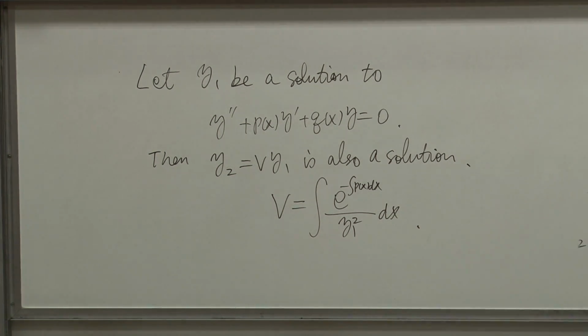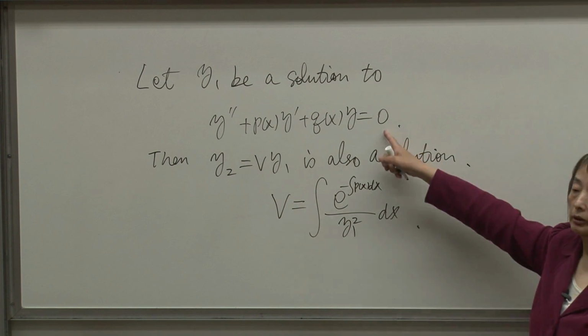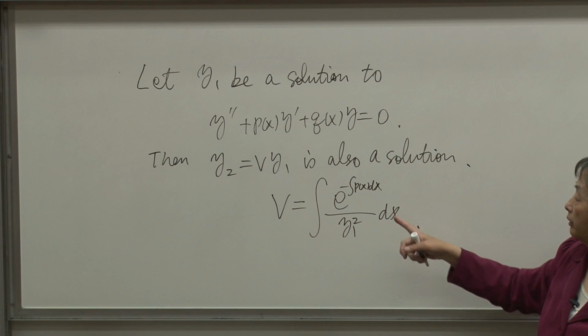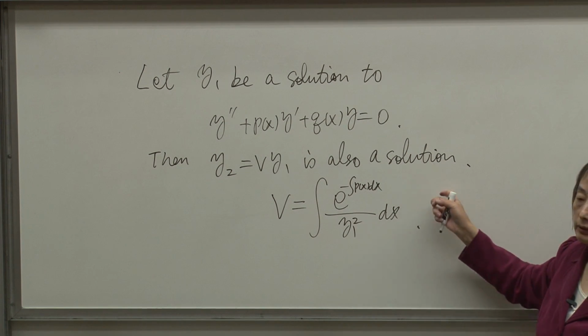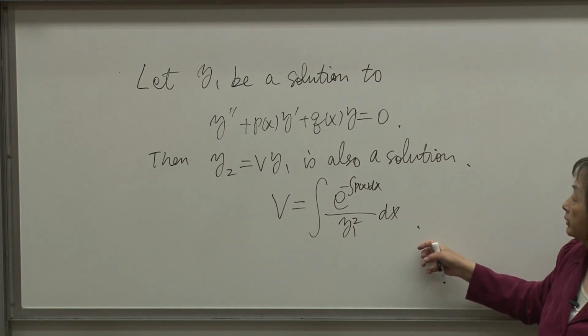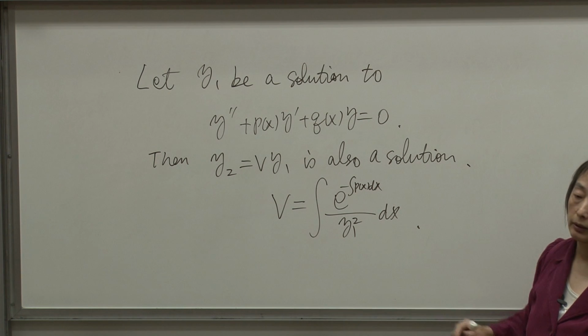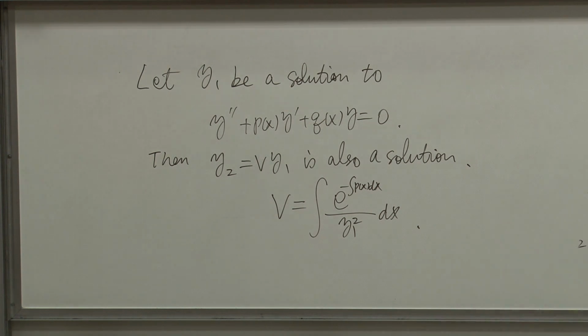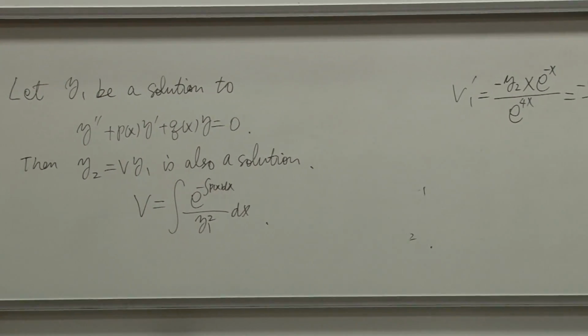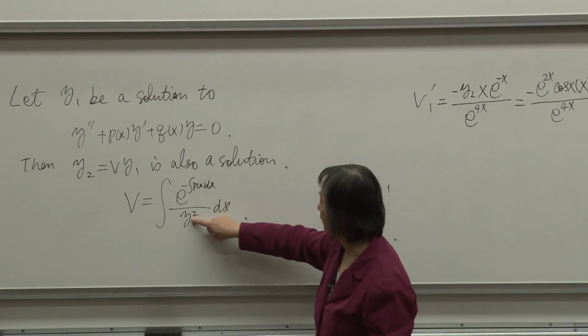This is just a small topic. This is the assumption: suppose we know one solution to a second order homogeneous ODE, then we can find a second solution, which is linearly independent of y1. Yes, y1 squared. You're right.